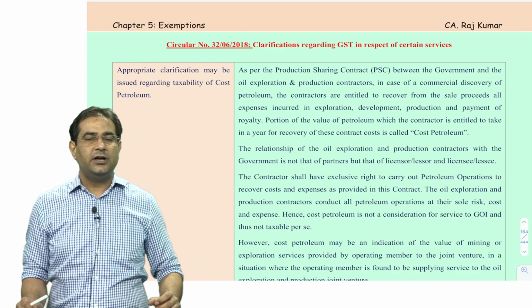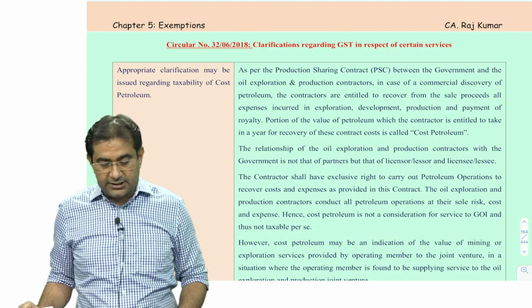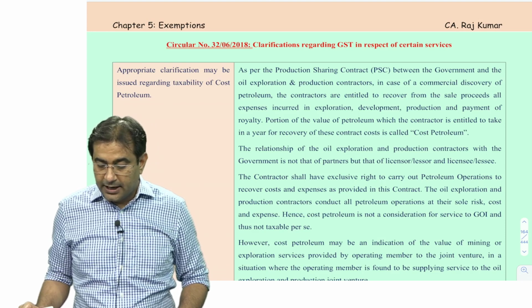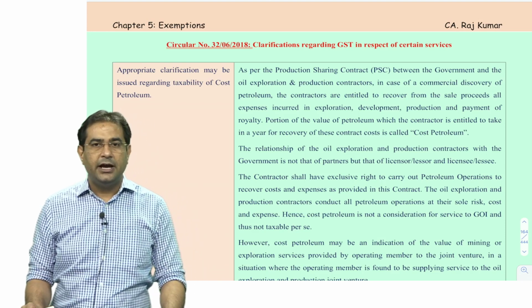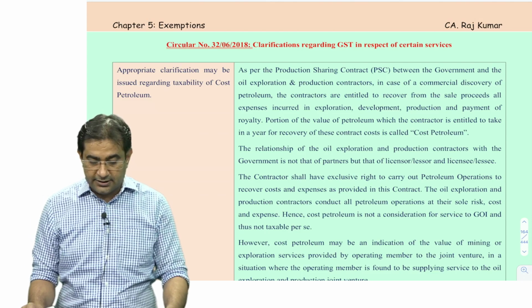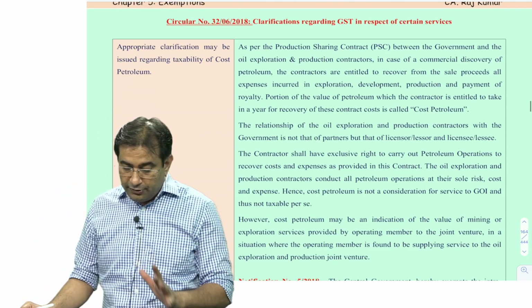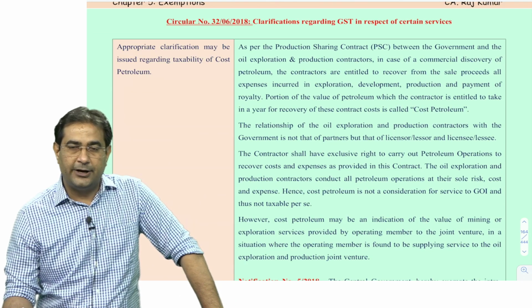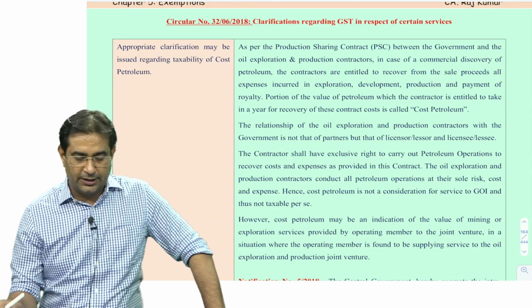Now, circular number 32/06/2018, clarification regarding GST in respect of certain services. Which kind of services are here? The concept of cost petroleum and profit petroleum. Quite interesting. Come to the point.